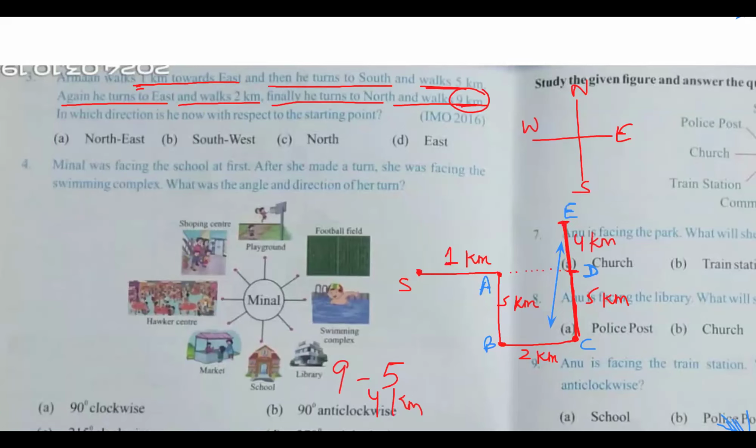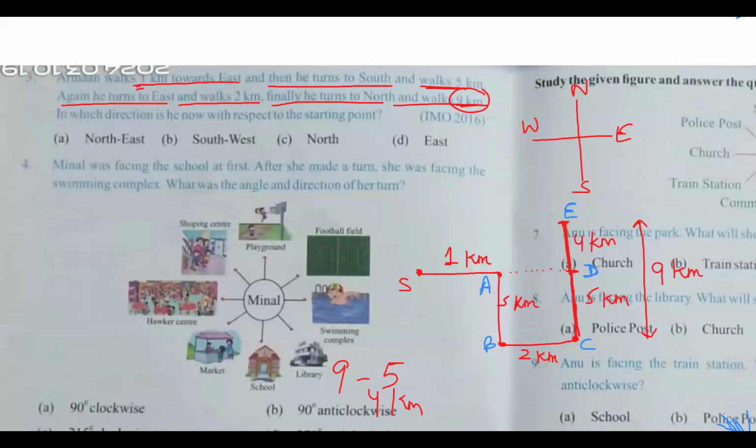Tell me, did you get it or not? First, he walked for 1 kilometer towards east, then 5 kilometers towards south, again 2 kilometers towards east, and then total 9 kilometers towards north. And now you can see that this entire distance, the distance between C and E, is how many kilometers? 5 plus 4, that is 9 kilometers only.